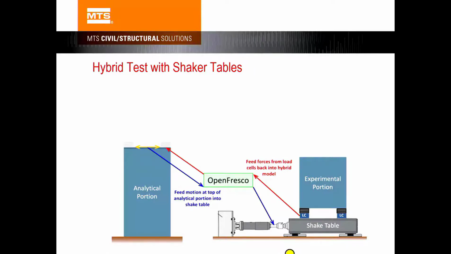So we see that trend, and a lot of researchers want to do mid-level isolation, where the top building is tested on a shaker table and the bottom portion is analyzed. A lot of researchers want to do this, so the shaker table test is coupled with an analysis model, probably through OpenFresco.